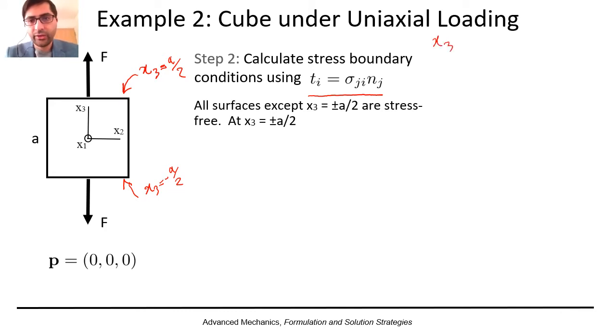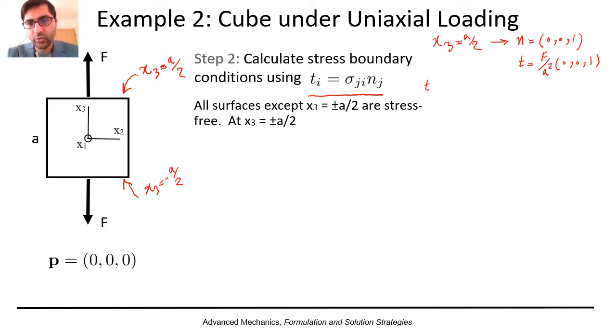For x3 equal to a divided by 2, the normal vector there is upward, so it's 0, 0, 1. And the traction vector there is again upward with value of F divided by a square. So it's F divided by a square multiplied by the vector 0, 0, 1. Okay, let's do it for each of the elements in traction vector.